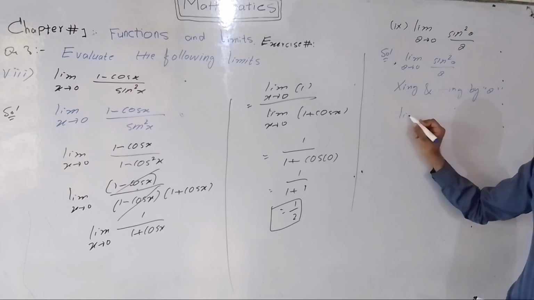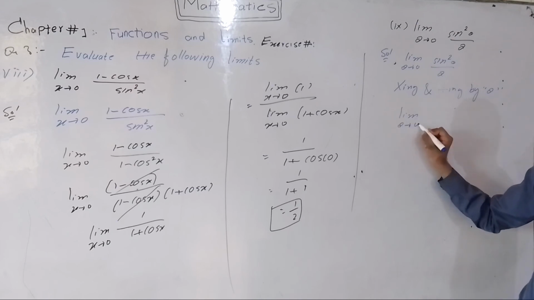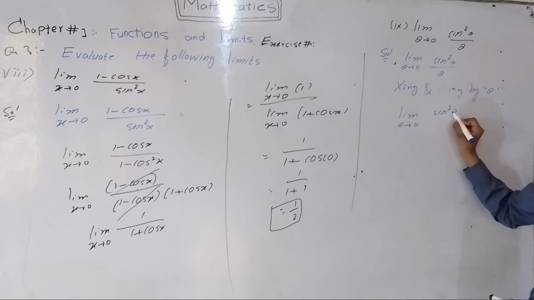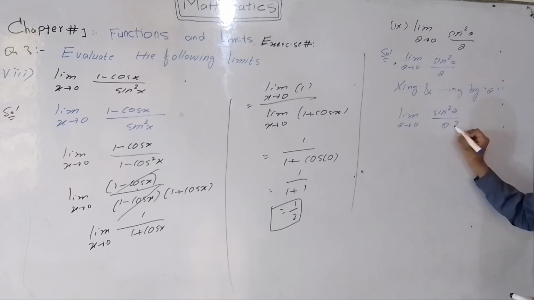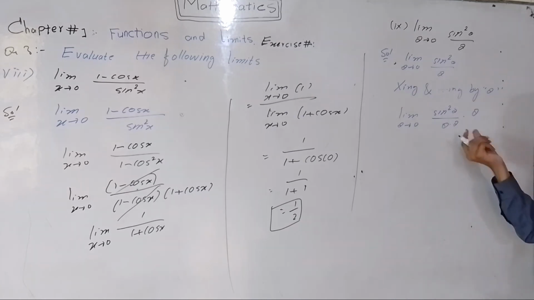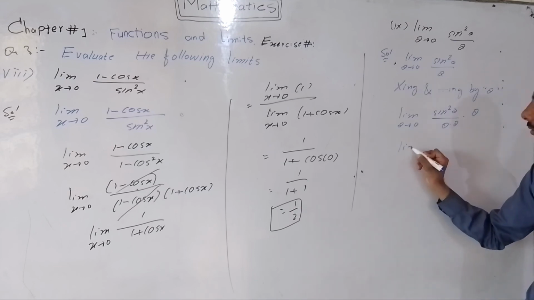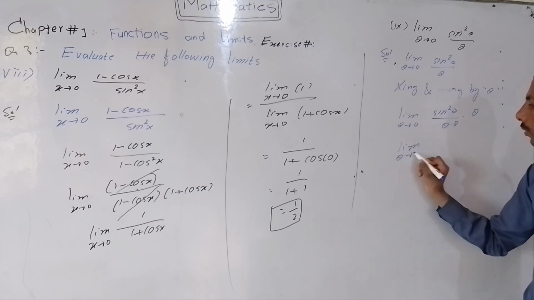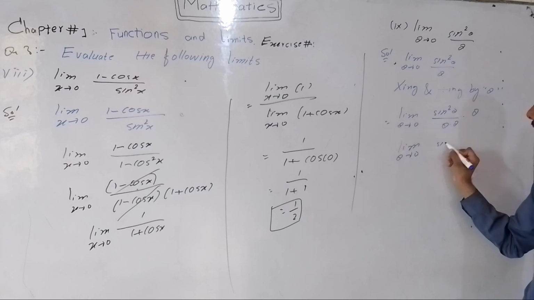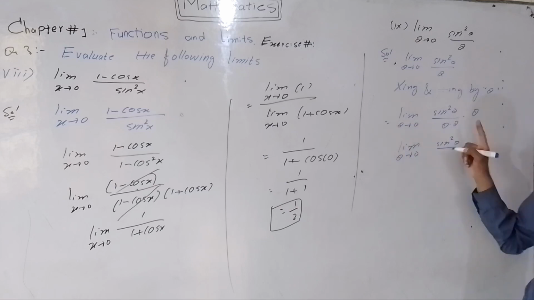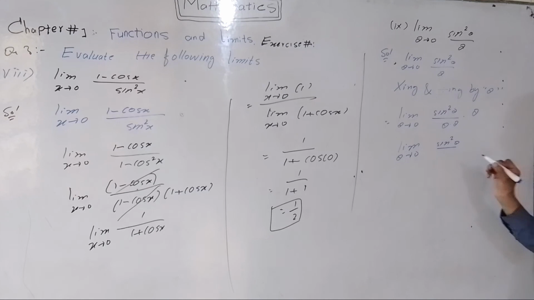So limit theta approaches 0, sine square theta divided by theta dot theta, divided by theta and multiplied by theta. So sine square theta divided by theta square dot theta.